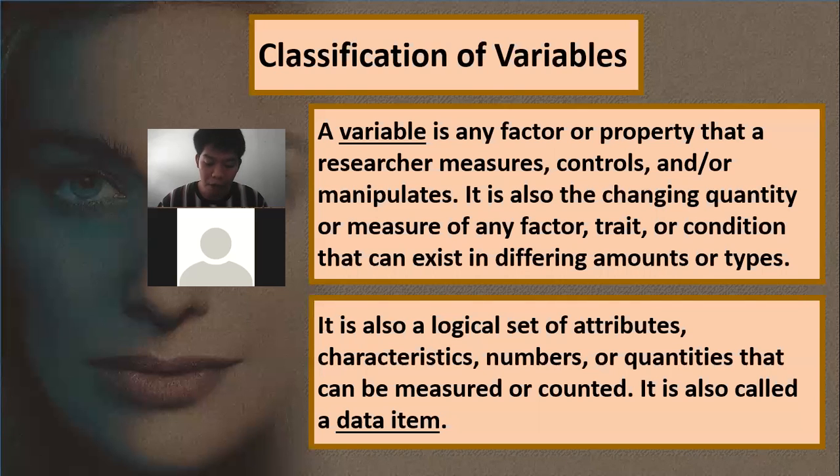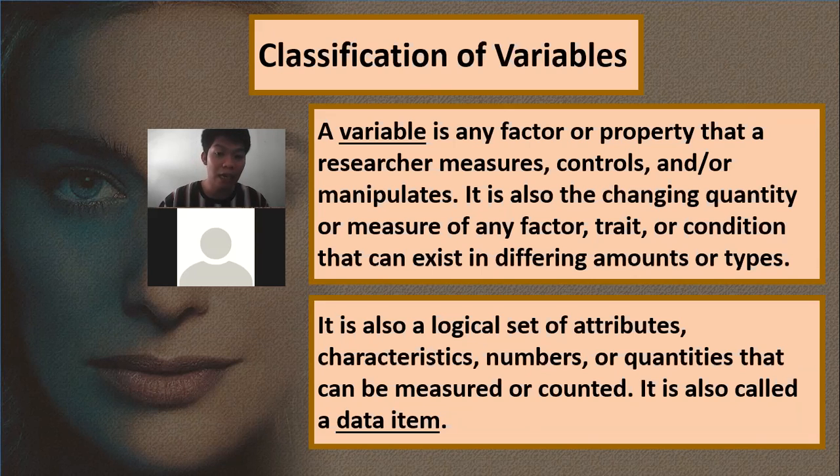When we say variables, these are the items that you are going to measure in your study. Meaning these are the types of data that you need to obtain for your study. It is also a logical set of attributes, characteristics, numbers, or quantities that can be measured or counted.